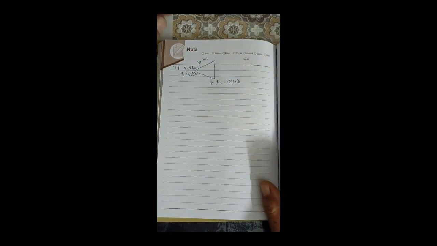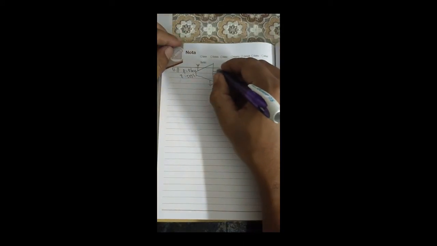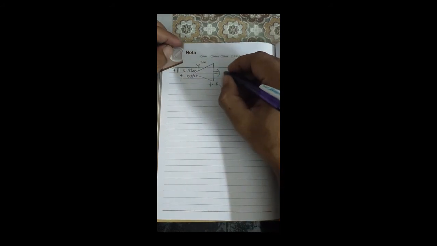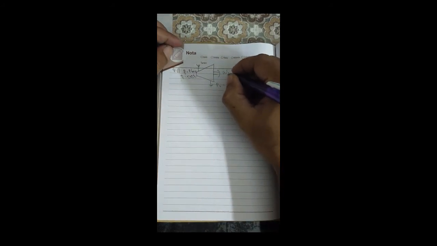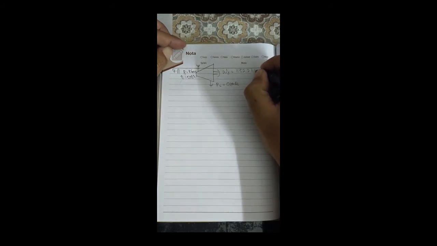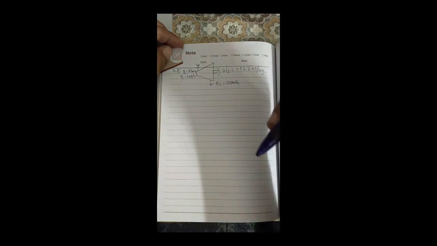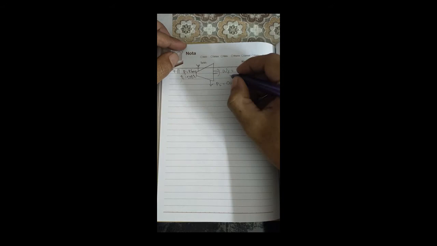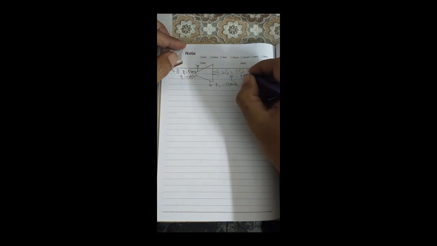The work produced given directly is isentropic work. Work isentropic is 1152.2 kilojoule per kg. Efficiency given is 90%.